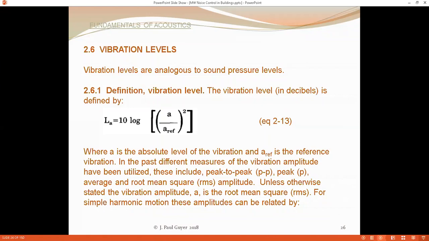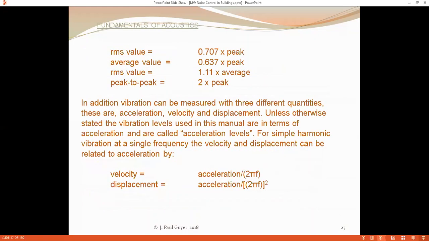The vibration level in decibels is 10 times the log of the square of the ratio of the vibration level being perceived to a reference vibration level. And we're not going to spend time talking about vibrations here.